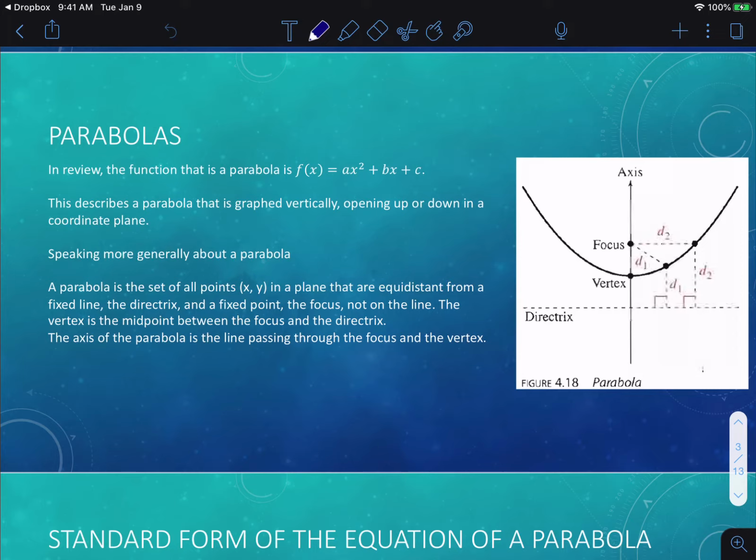Speaking more generally, a parabola is the set of all points x and y in a plane that are equidistant from a fixed line, called the directrix, and a fixed point, the focus, not on the line. The vertex is the midpoint between the focus and the directrix, and the axis of the parabola is the line passing through the focus and the vertex.